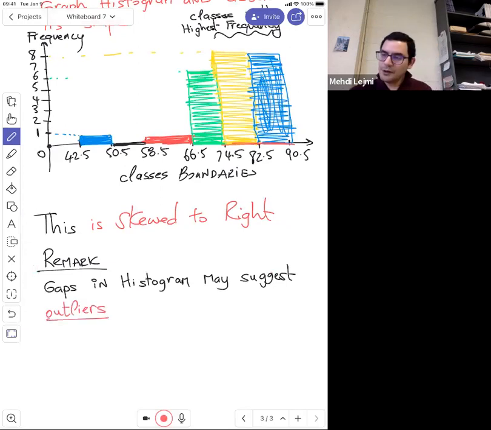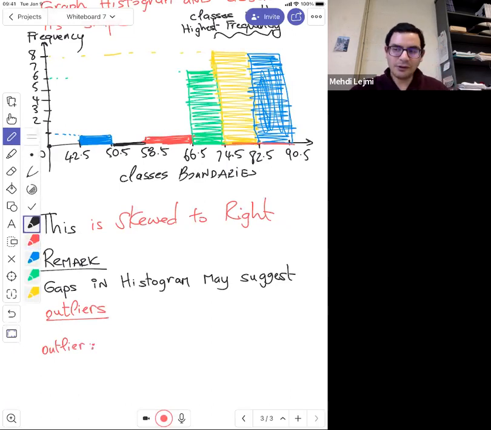Okay, so what do I mean by outliers? I mean exceptional values. The outliers are exceptional values. Those values are very different from the other values.